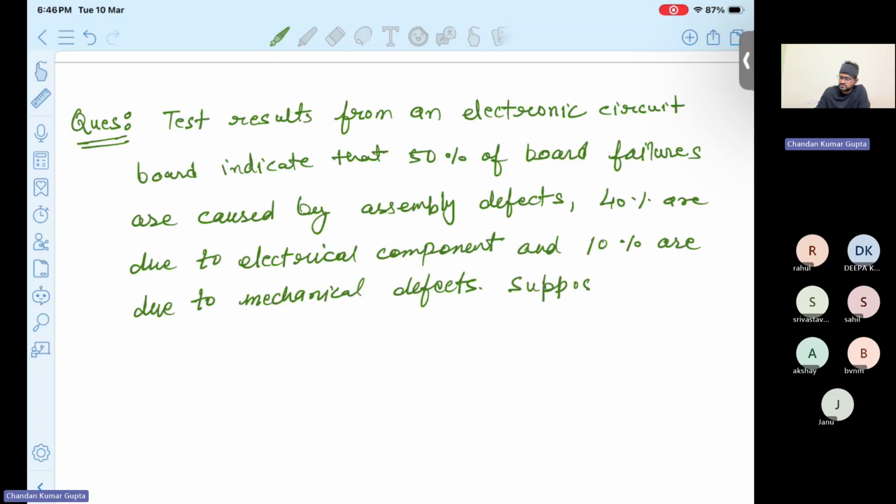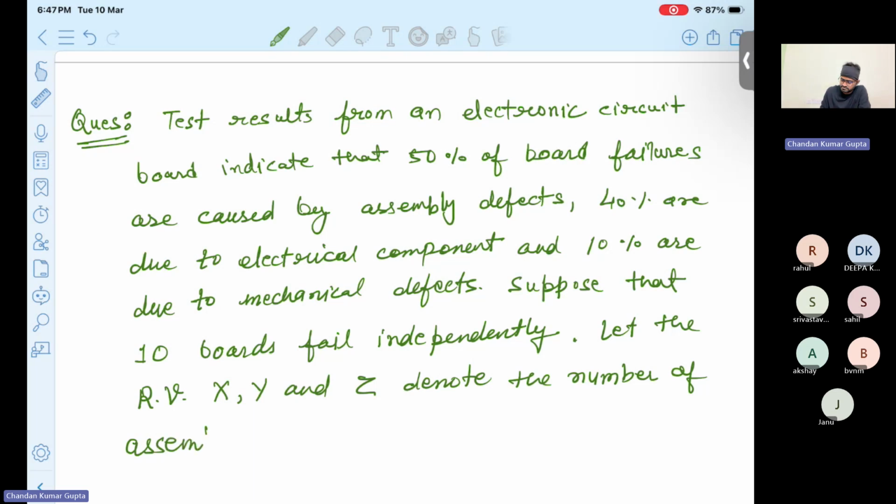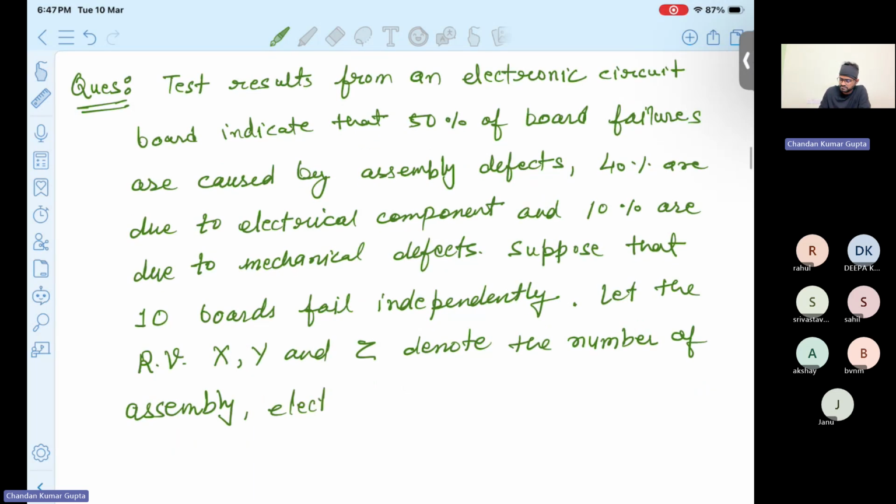Now the question is, let the random variables x, y, and z denote the number of assembly, electrical, and mechanical defects among the 10 boards.